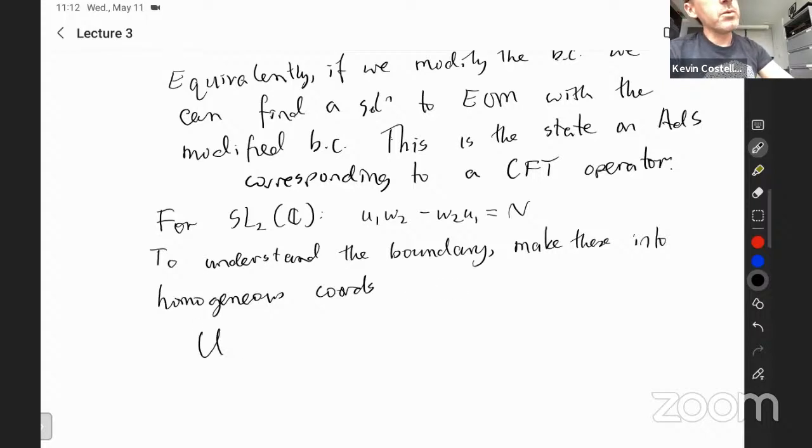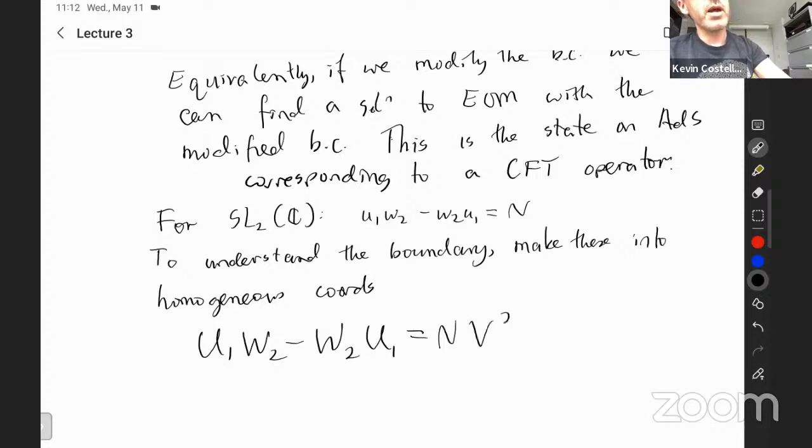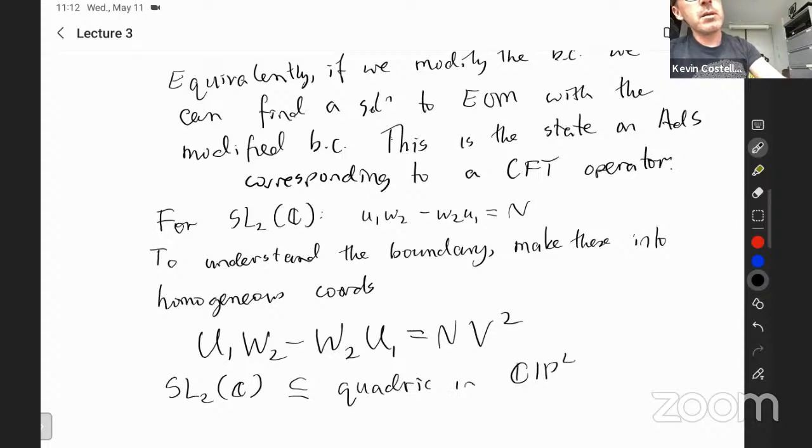And then the equation will be U1 W2 minus W2 U1 equals N V squared. So now I'm lifting everything into homogeneous coordinates and then writing SL2C as an open subset of a quadric in CP4, as I'm imposing this quadratic equation.